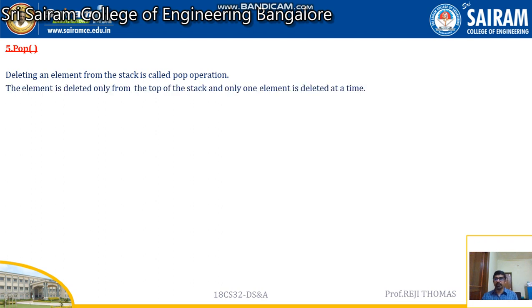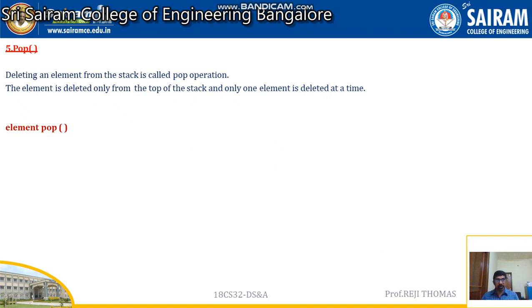Now let us see how we can do it. Look at the function name. We have taken the same name, pop, which does not take any parameter. Look at what it returns, which is not an integer, not a character, not a floating point number. It returns element. What is this element?